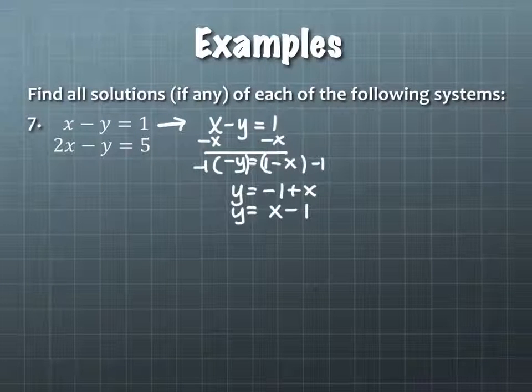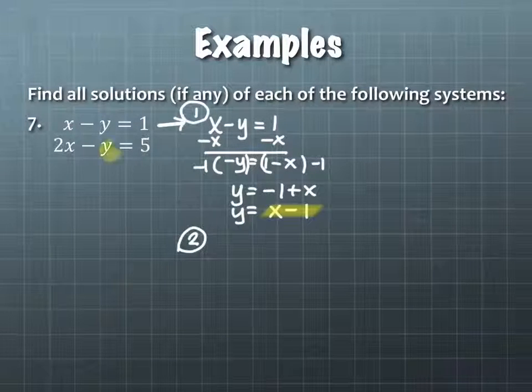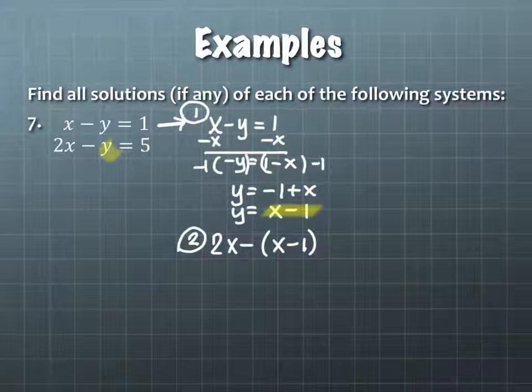Okay, so this is step 1 of the substitution method. Do you remember what step 2 said to do now that I have y is equal to x minus 1? Yeah, we're going to plug it into the y over here in the second equation. So I have 2 times x minus the new quantity x minus 1 equals 5.